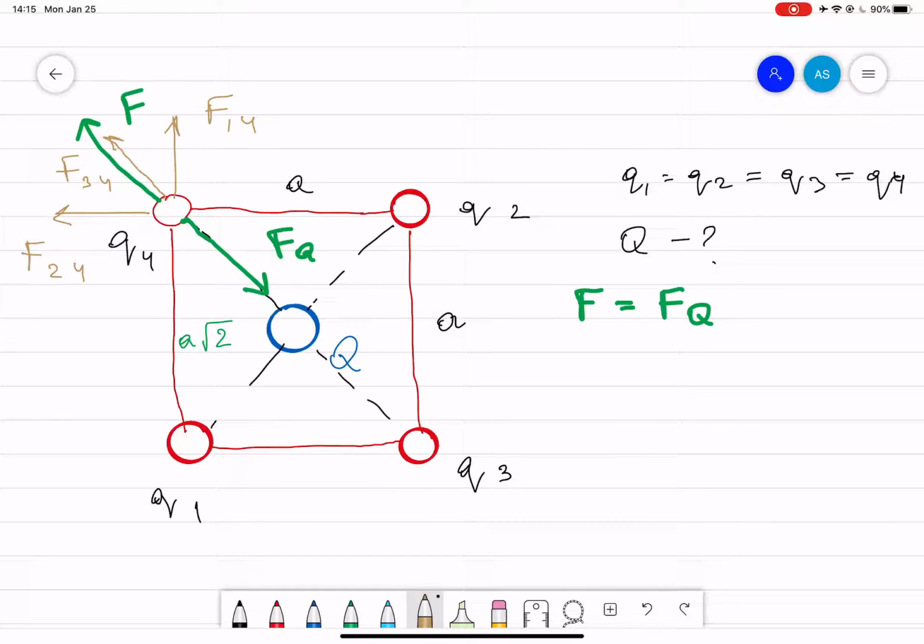Then you can say that the summation of all the forces, F14 plus F34 plus F24, has to be equal to F.